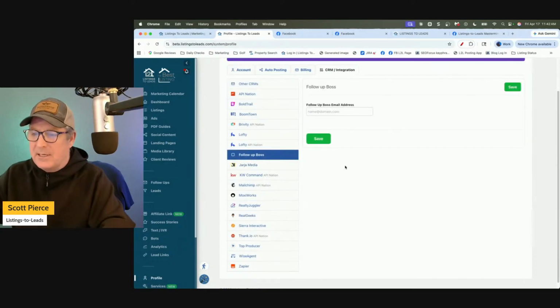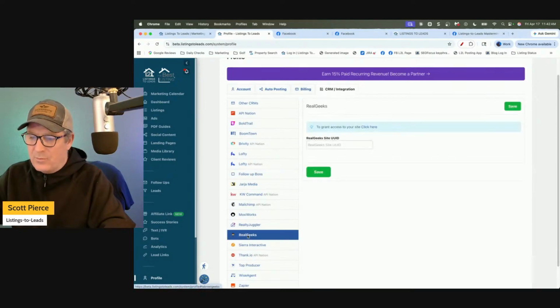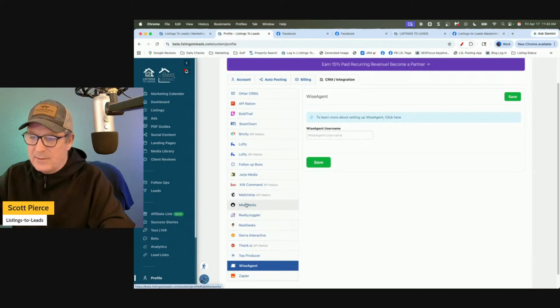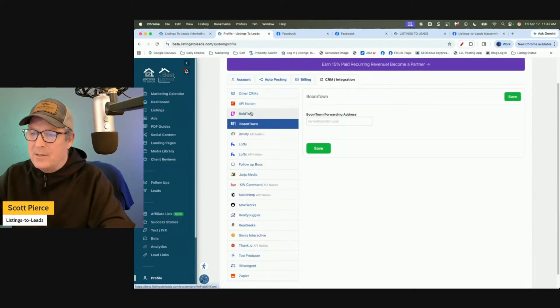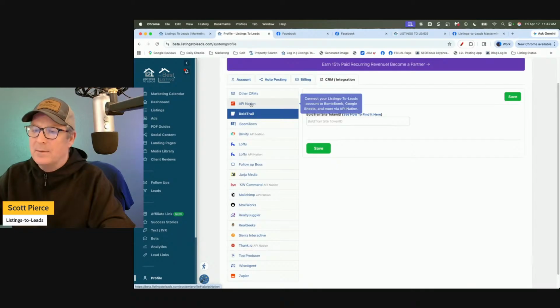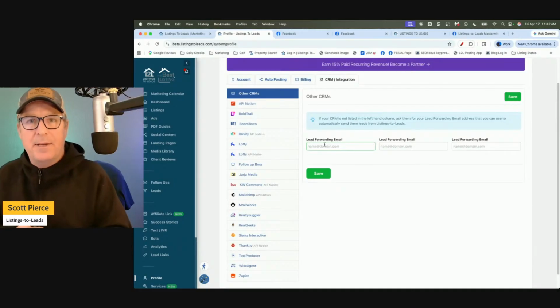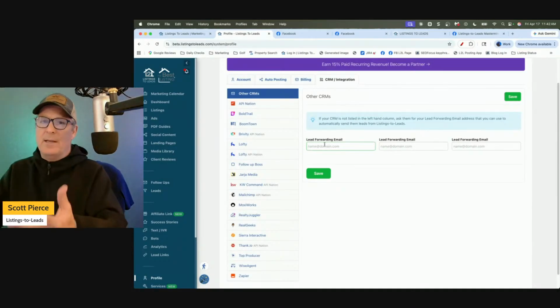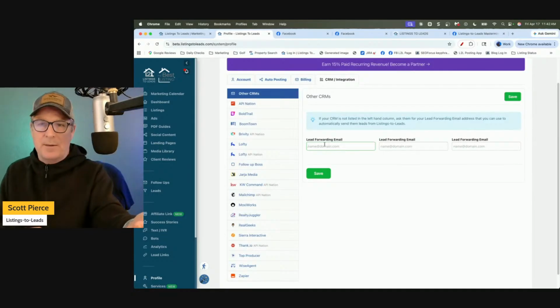So click on your CRM and add in the information that you need. Right, Real Geeks, Sierra, Wise Agent, Lofty, Boomtown, Bold Trail. If your CRM is not listed, you can use what's called a lead forwarding email address. So the lead forwarding email address, the lead will go from Listings to Leads to your CRM automatically, right?